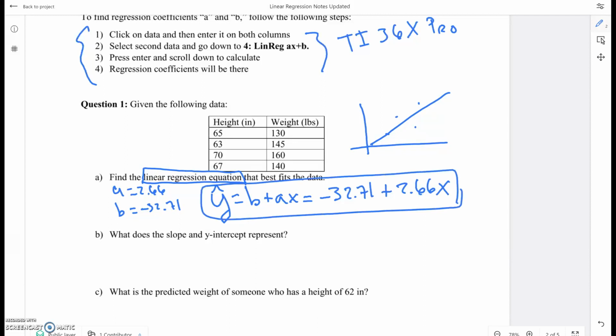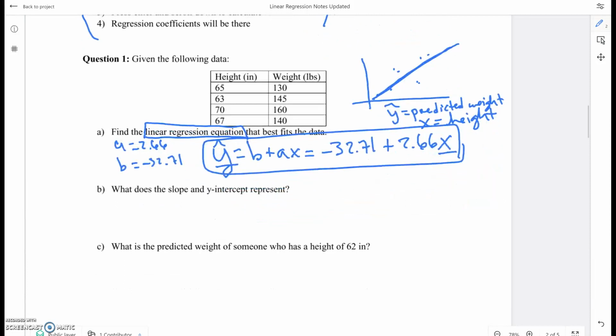Remember, Y hat in this case is the predicted weight, and X is my height. So if I drew my 4 different points here, then this line represents this equation.